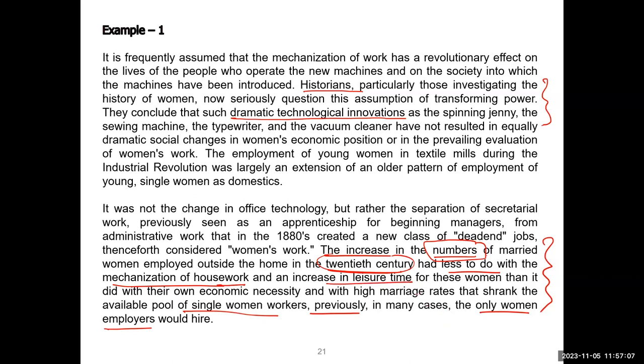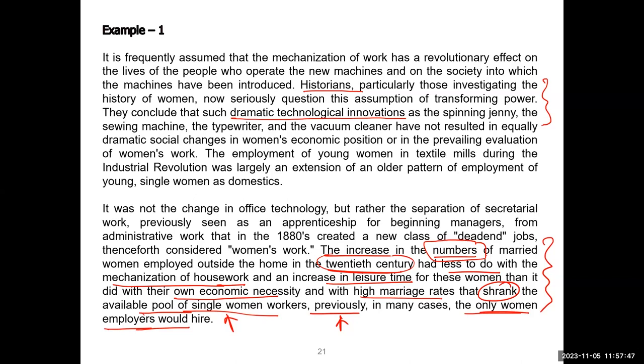More and more married women started working because they had economic necessity, and marriage rates had also become very high. And that is why the pool of single women workers shrank. But previously, the only women employers would hire were what? Single women workers. That is what he's saying, right? So if somebody asks me what employers did before the 20th century, I can say that they hired women who were single.